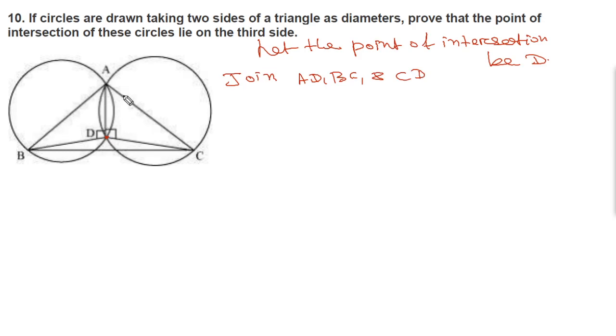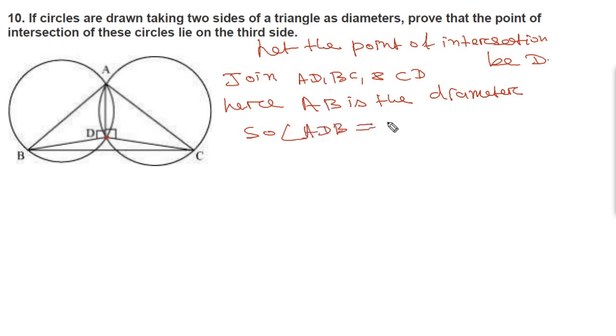Now AB is the diameter here. You know that the angle subtended by a semicircle, that means this is the semicircle with diameter AB, will be 90 degrees. So you can write angle ADB equal to 90 degrees.